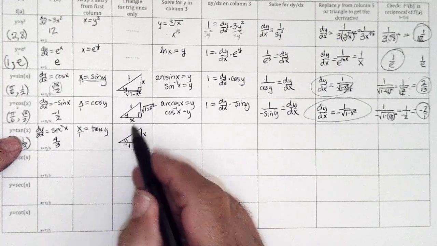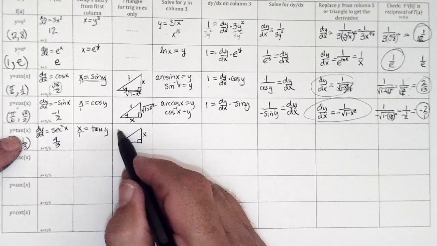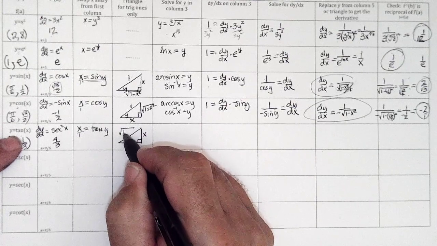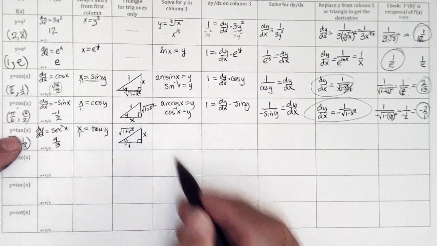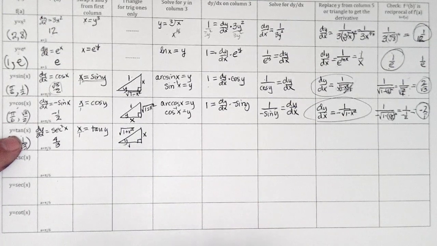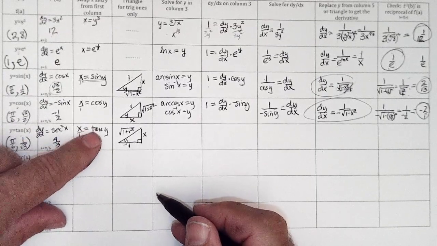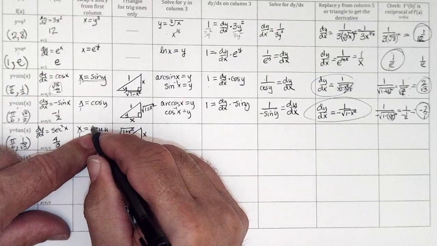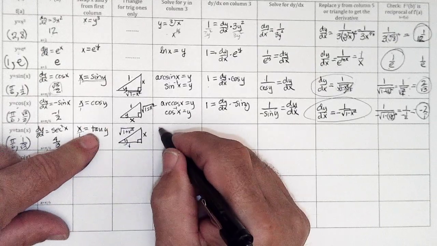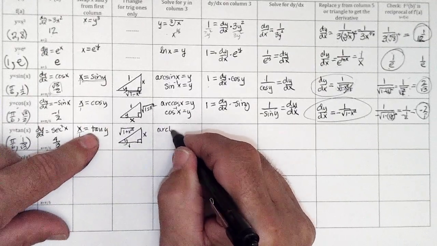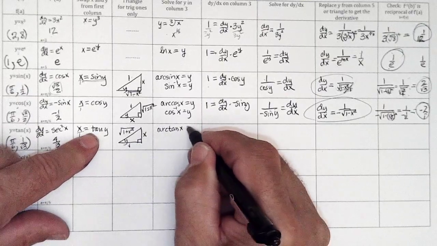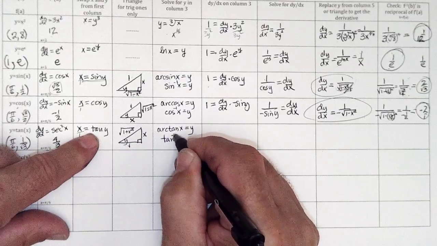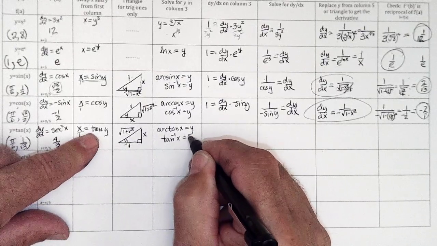And to find the hypotenuse, it's a squared plus b squared equals c squared, so it's square root of 1 plus x squared, or x squared plus 1. Solving for y, I got to take the arctangent of both sides, so arctangent x equals y, or tangent inverse of x equals y.